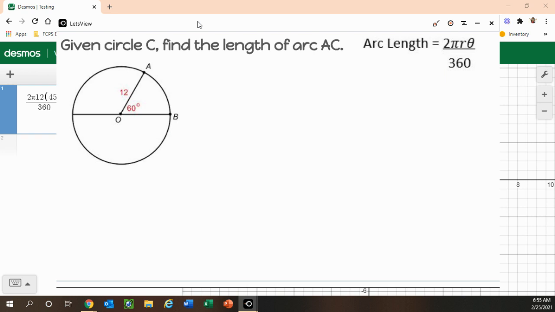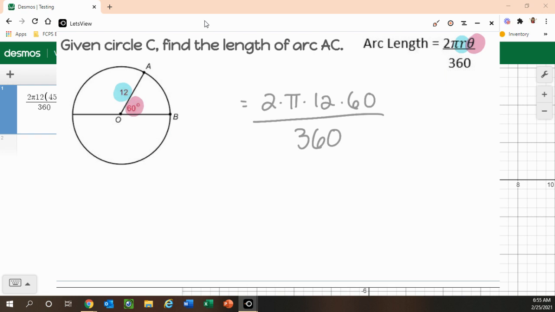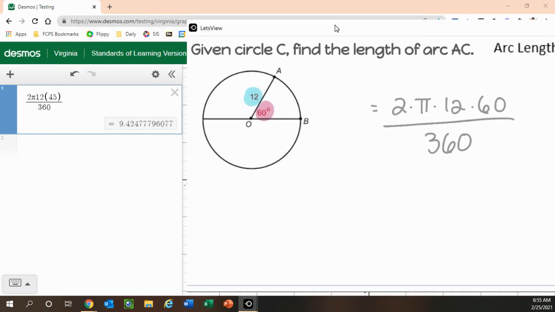Next one. Same thing. We're going to identify the radius. Our radius is 12. This time our theta is 60. So we plug that into our formula: 2 times pi times 12 times 60, divided by 360. And here's the nice thing about Desmos. It saves where you were.